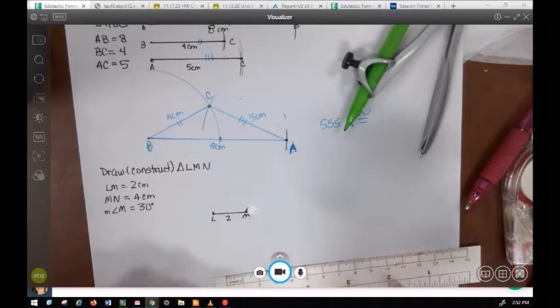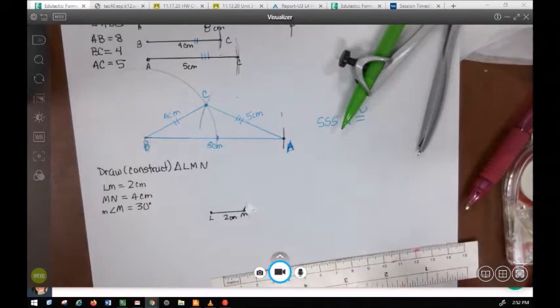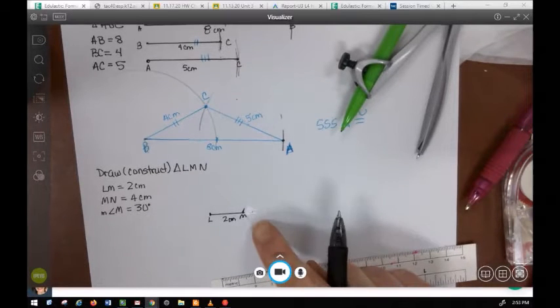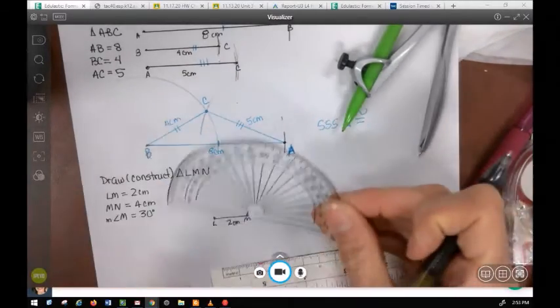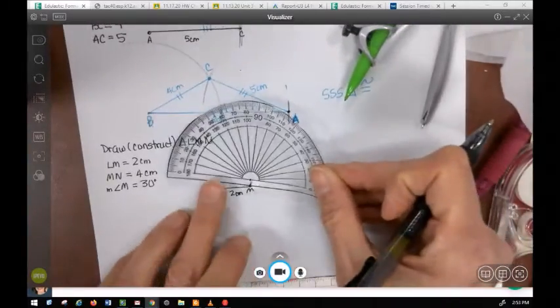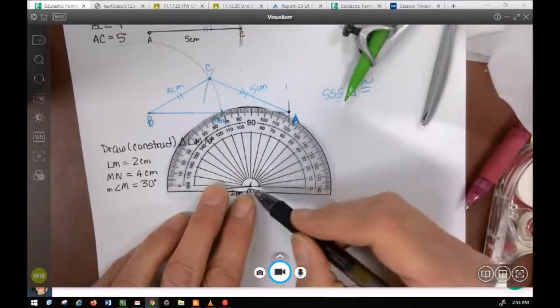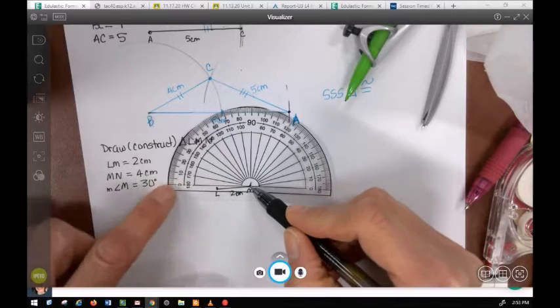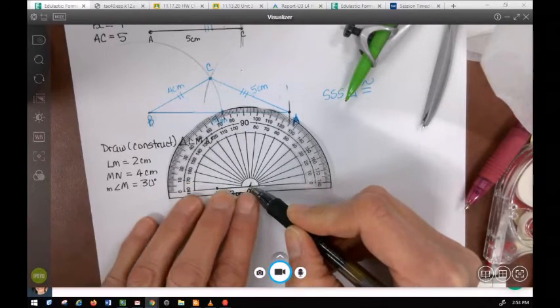That is 2 centimeters, and it doesn't matter which endpoint you put as L and which one you put as N. It doesn't matter where you put your paper. You may have yours drawn somewhere else, but we know the measure of angle M is 30 degrees. So remember, when we measure with our protractor, we have to put the center right on the endpoint, and we line up the 0 degree mark with one of the sides, the ray that makes the angle.